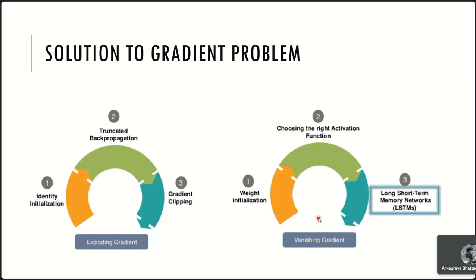You have to sometimes deal with long sentences. So to deal with them, we use something called LSTMs. But in order to understand LSTMs, we first need to understand what exactly long short-term memory is.